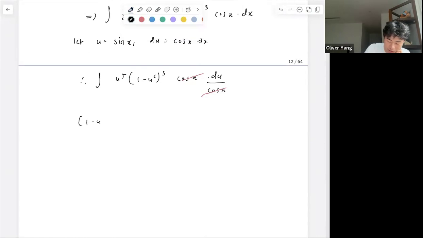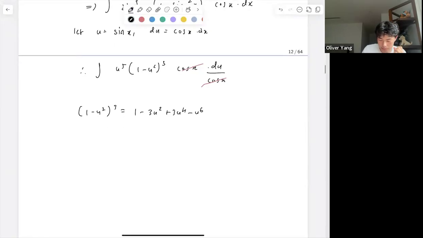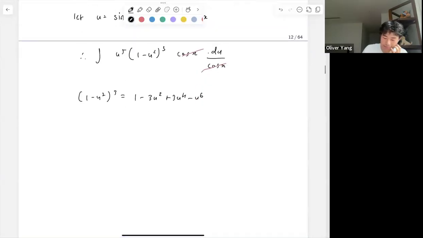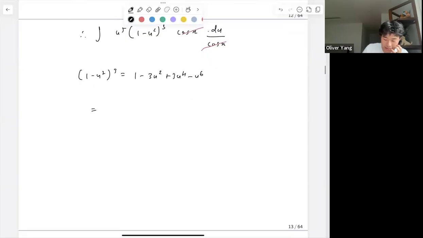So 1 minus u squared to the power of 3 is going to be 1 minus 3u squared plus 3u to the 4 minus u to the 6. So it's just a cubic. Okay, cool. And then our integral becomes u to the power of 5 minus 3u to the power of 7 plus 3u to the power of 9 minus u to the power of 11 du.